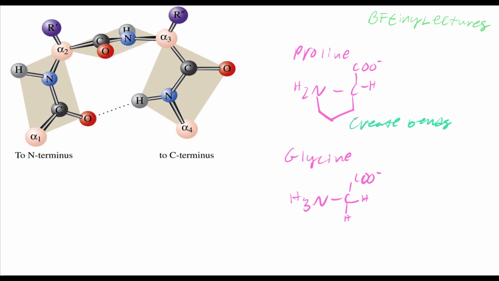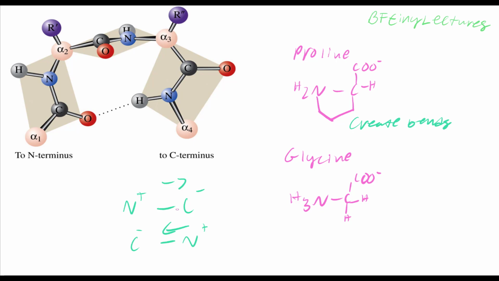Now, bends can actually change the direction in which the beta sheet is read, okay? So instead of being left to right, positive to negative, it could be positive to negative in the opposite direction, right? So instead of having this, you will have this now, which changes how the beta sheet is read and how it reacts within the body or in different reactions.